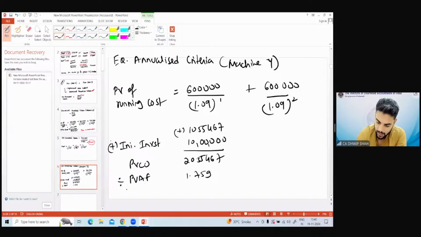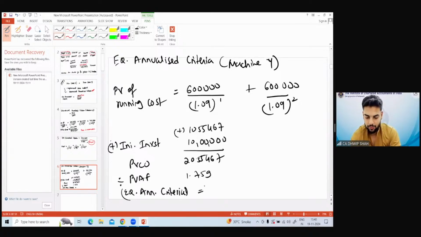So my equivalent annualized criteria for machine Y would be 2,055,467 divided by 1.759. It comes to 1,168,543.